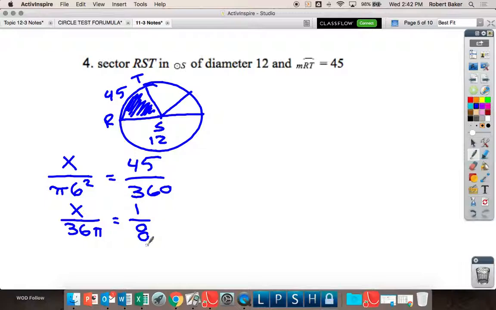All right, 45 over 360 simplifies down to 1 over 8. Cross multiply. Divide both by 8. What does that reduce down to? 9 pi.